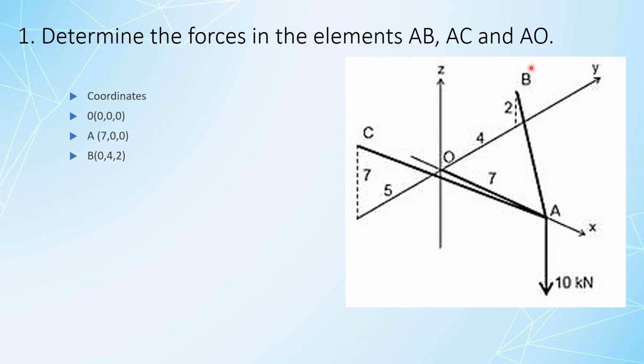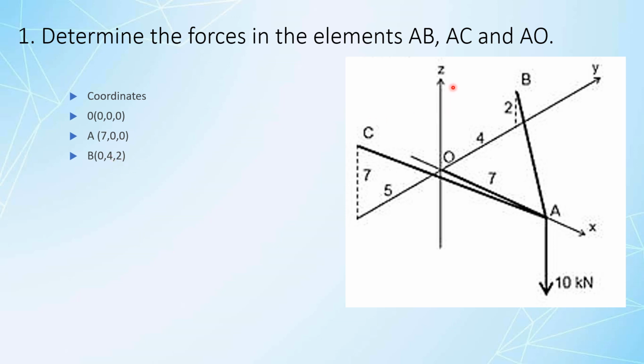Now, is there any distance marked parallel to y-axis from the origin corresponding to B? Yes, from the origin corresponding to B, B is at this level. So, till this point, from O, the distance in y-axis is 4. So, the y-coordinate of B will be 4.